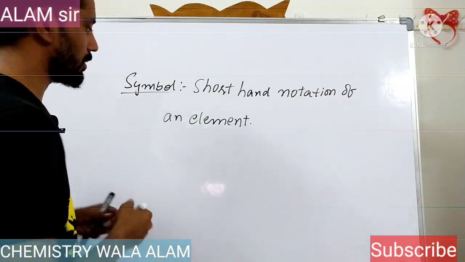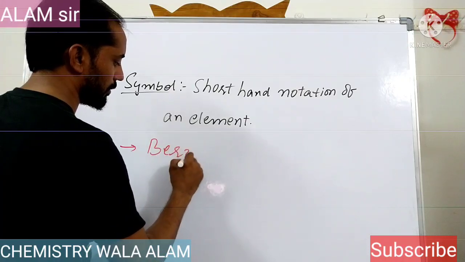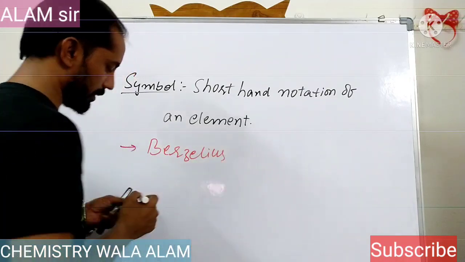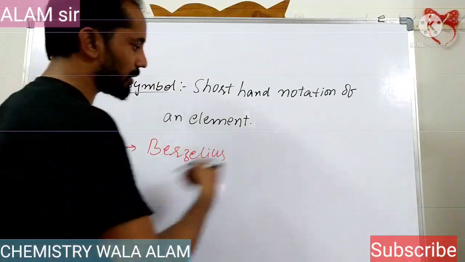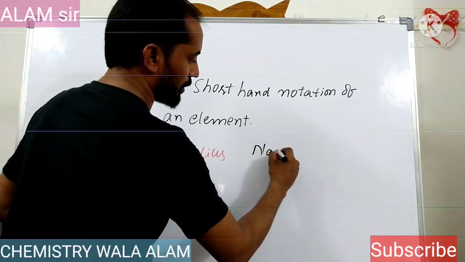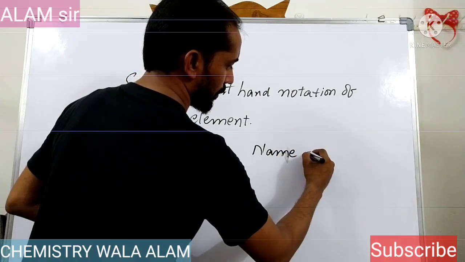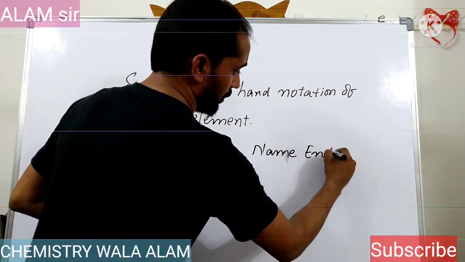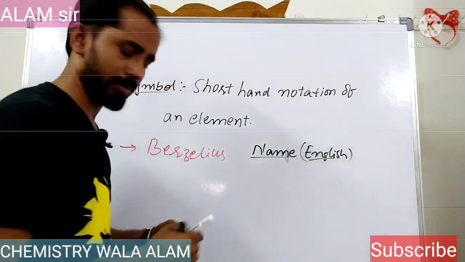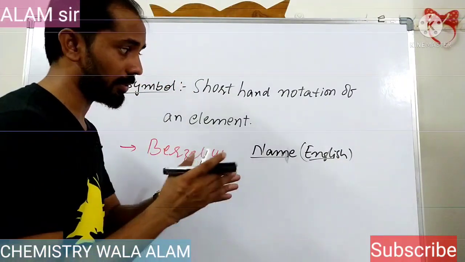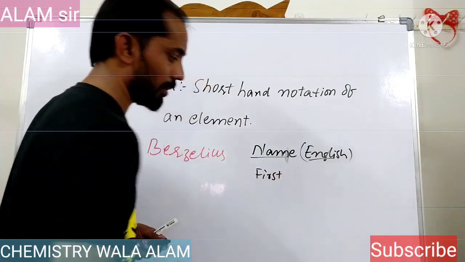These symbols, the term, were introduced by John Berzelius. According to Berzelius, the first letter in its English name, or Latin name, because some of the elements we consider from the Latin name, can be taken as the symbol.